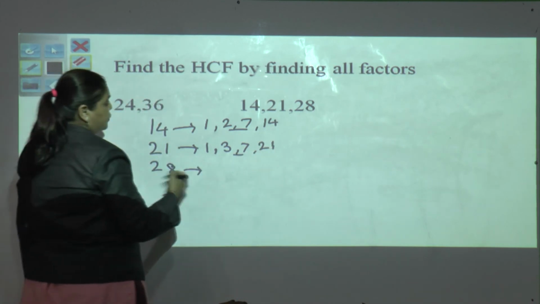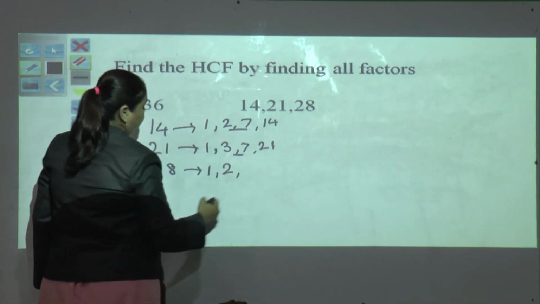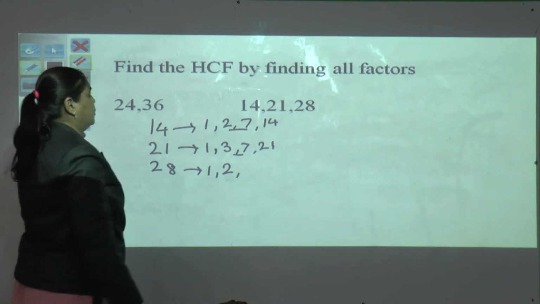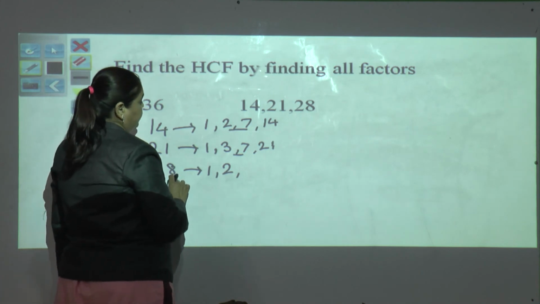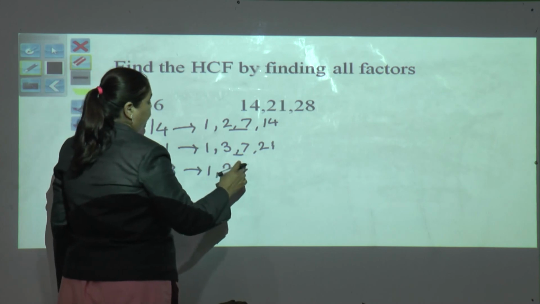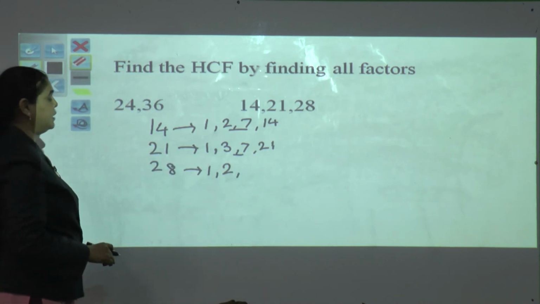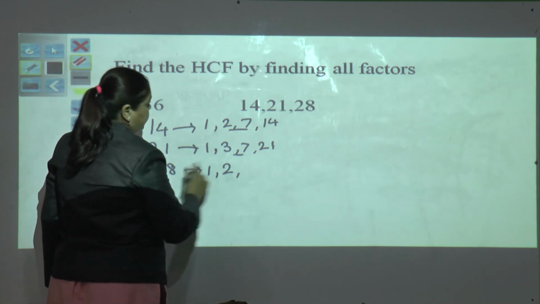Then what about the factors of 28? 1. It's an even number, so we can go for 2. Do we get it in the 3 table? No, we are not getting 3. 3 7s are 21, 3 8s are 24, 3 9s are 27. So we have to try the 4 table. Do we get it in the 4 table? 4 4s are 16, 4 5s are 20, 4 6s are 24, 4 7s are 28.